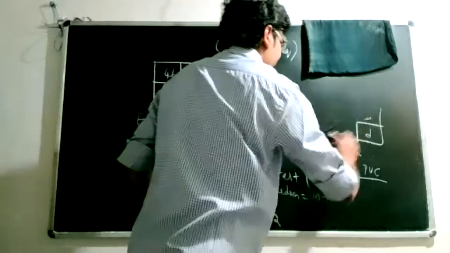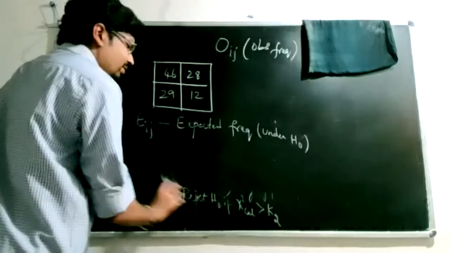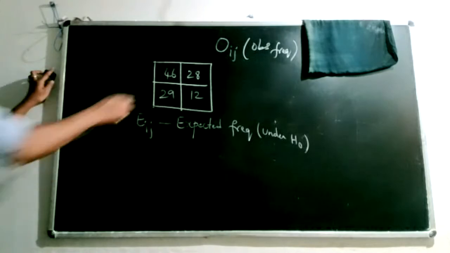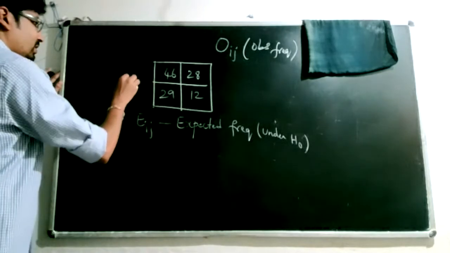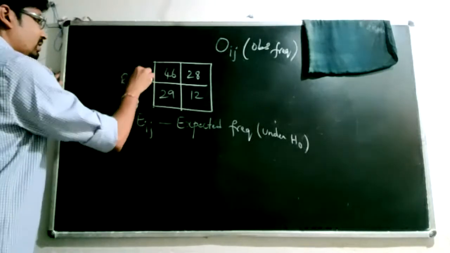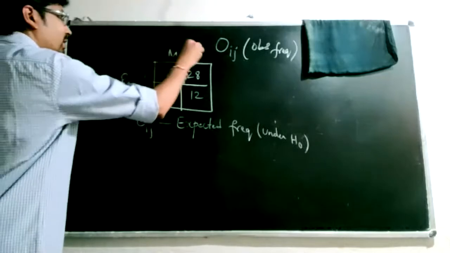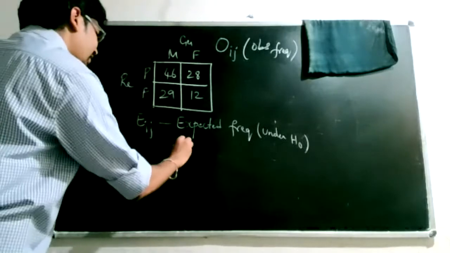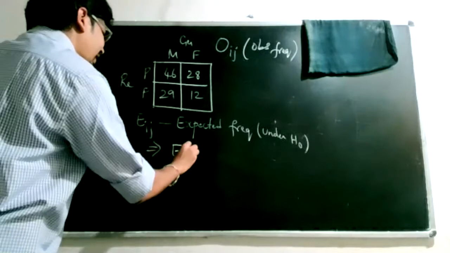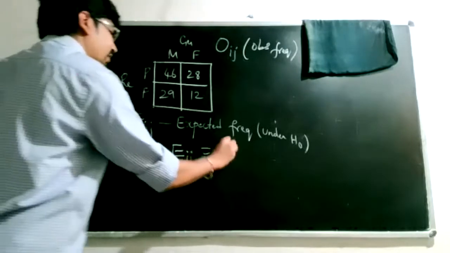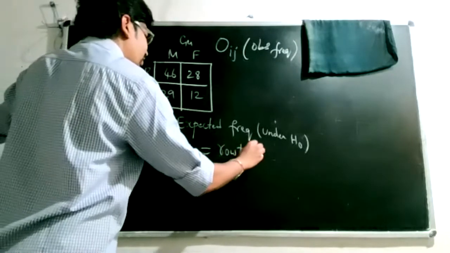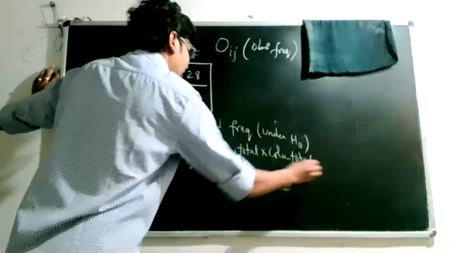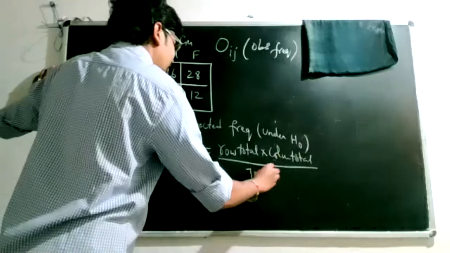That is, if in reality there is no relationship or no dependency between the attributes, which are result and gender in this case. In that case, we say our Eij will be equal to the respective row total into column total divided by the grand total.